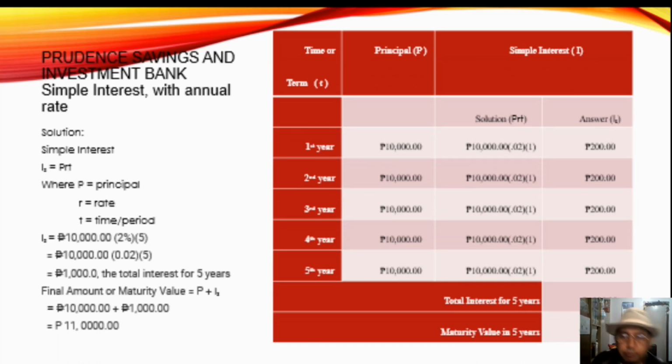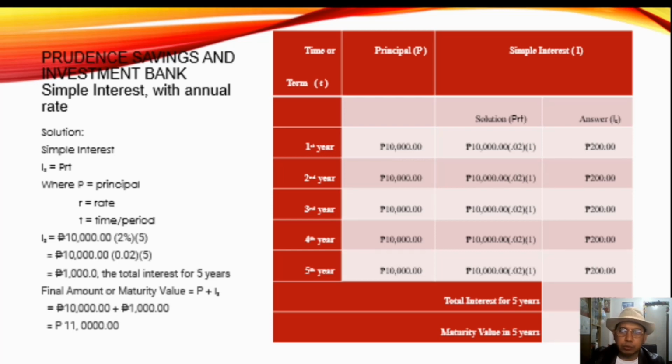11,000 pesos. Now, if you would like to compute the simple interest of the problem yearly, we have here the computation yearly. 10,000 pesos multiplied by 2%, of course multiplied by 1 year, will give you 200. In the second year, as we understand in the meaning of simple interest, you just multiply the principal amount, which is 10,000, by 2%.